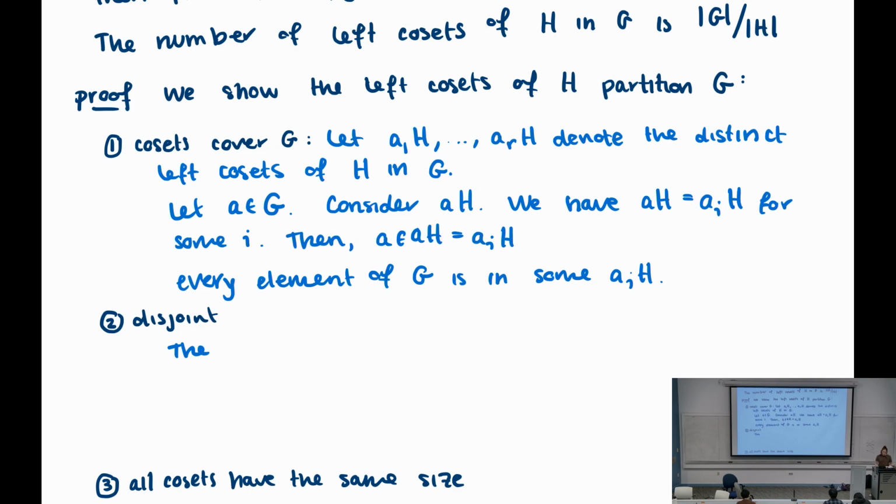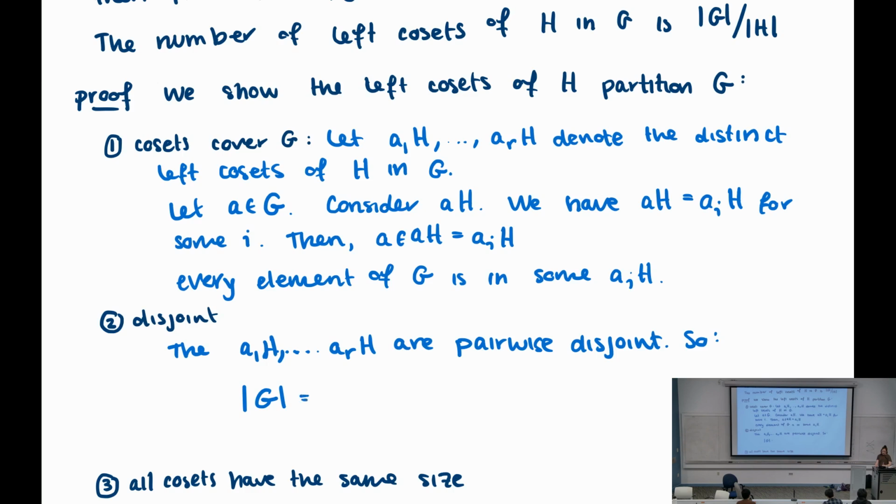So since this is a list of distinct cosets, we have that A1 H up to A R H are pairwise disjoint, meaning if I compare any two of them, they do not overlap in any elements. So that means that we can write the order of G as the sum of the orders of the A sub I H's.